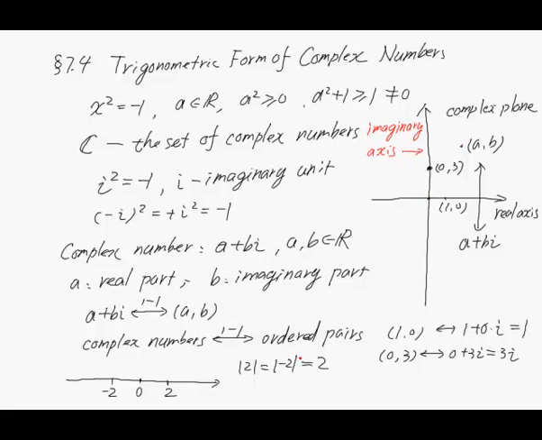Now let's go to the next page. So we define the absolute value of the complex number a plus bi. This is just the distance between the point (a, b) and the origin (0, 0).